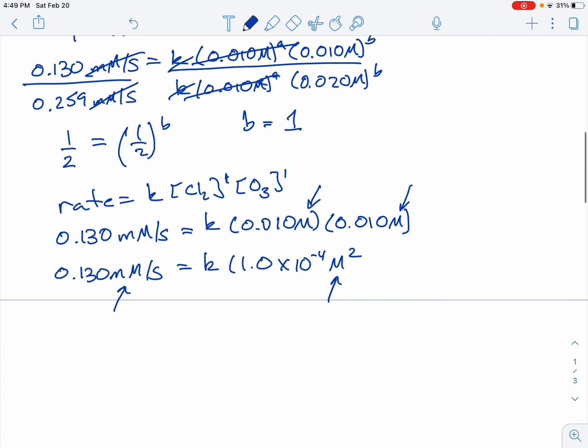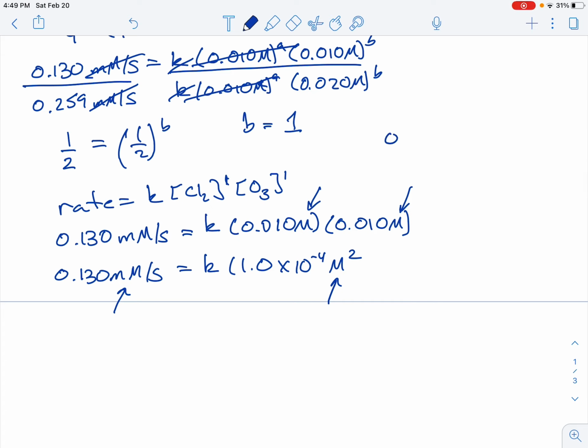I think the easier thing to do here is just off to the side, change millimolar into molar. So remember, there'd be 1,000 millimeters in a meter. So there'd be 1,000 millimolar in 1 molar. Okay. So yes, you have to remember how to do units from first semester. So that cancels out, leaves in molar.